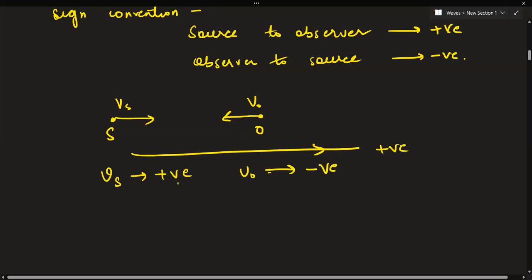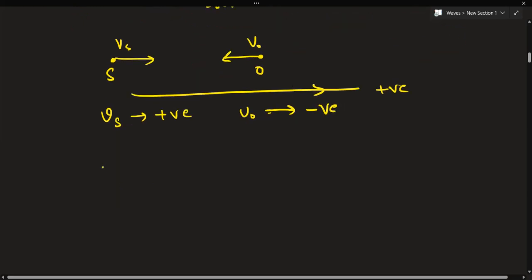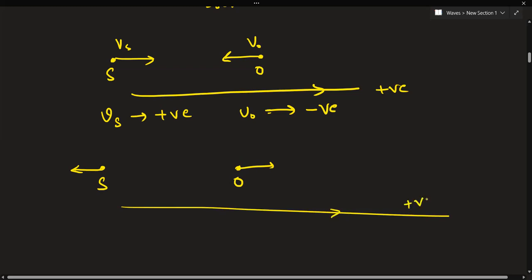See, that's what I was telling you. Okay, let's take another example. If the source is moving in this direction and the observer is moving in this direction, source to observer is taken positive always. So source is there, observer is here, which means this direction is taken as positive.